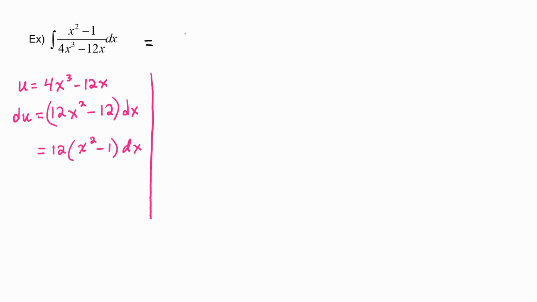So now let's set this up. We have our x squared minus 1 and the dx that are in the numerator. In the denominator, we have 4x cubed minus 12x. So this is exactly the original integral.